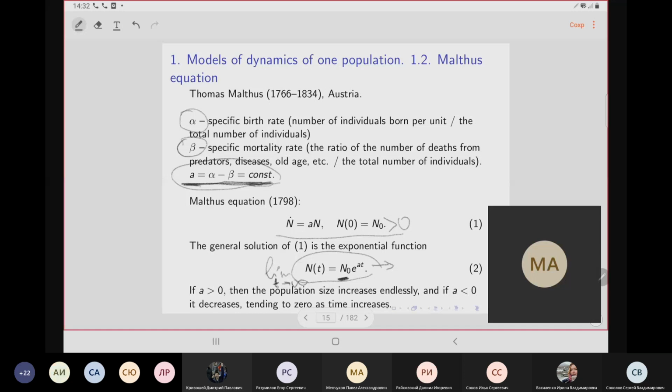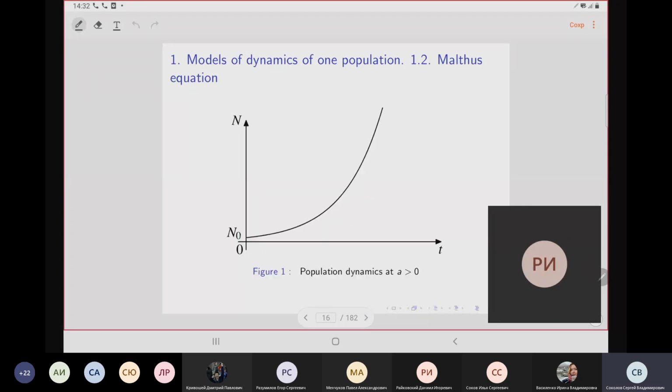Maybe we don't have endless space on Earth for an endless amount of people. That's the second main problem. If we consider the plot of n of t, we see that the population is growing exponentially to infinity.